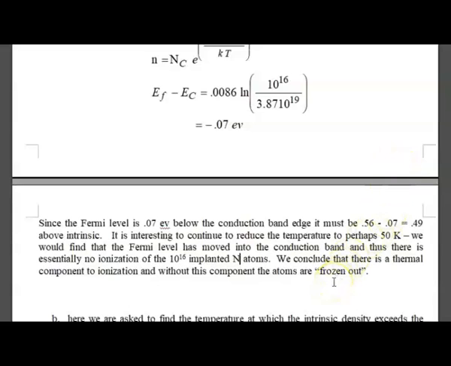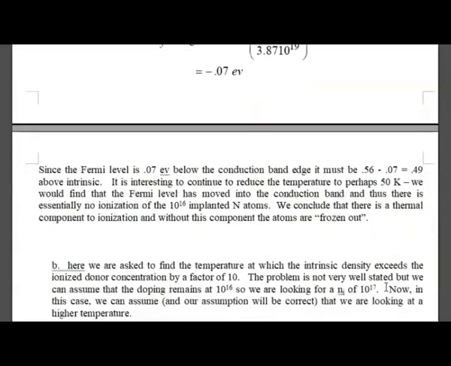And if you get too cold, the thermal ionization essentially goes to 0, and it essentially freezes out the possibility of ionization.